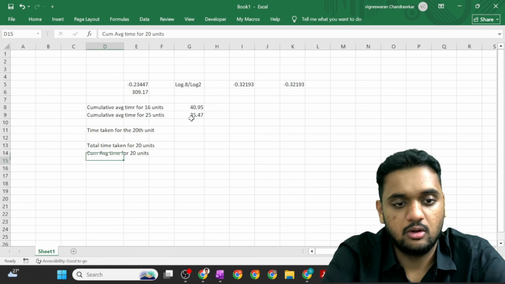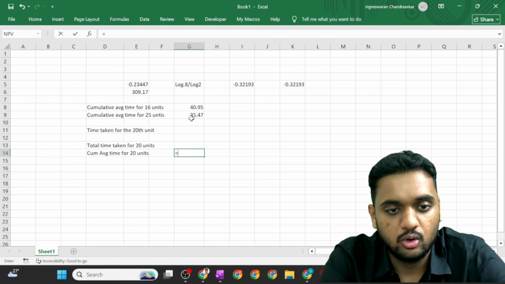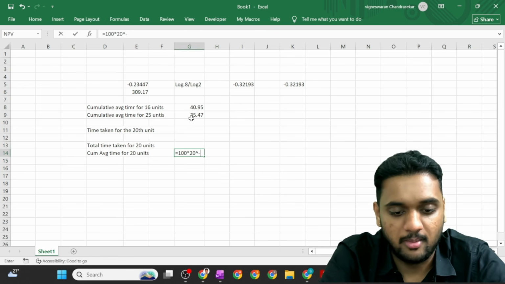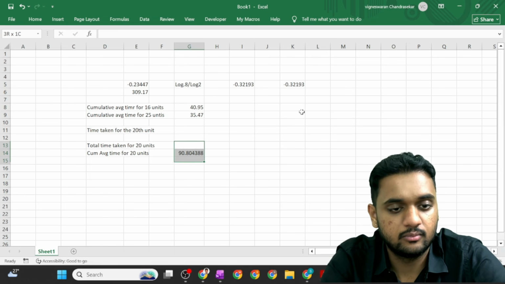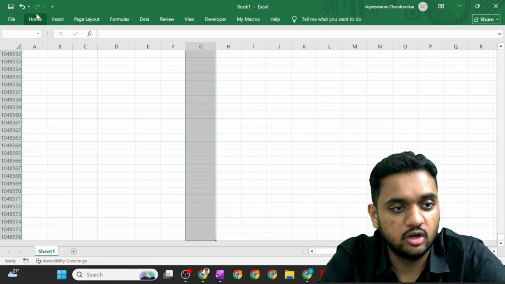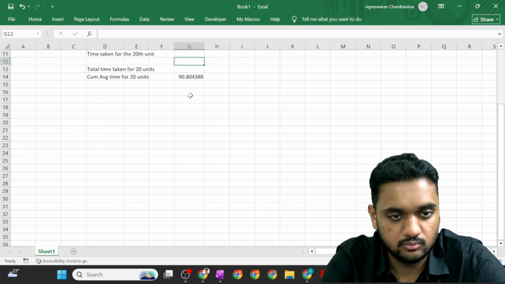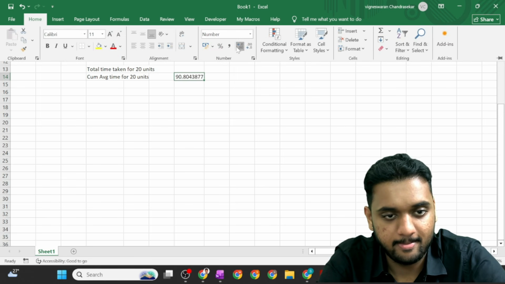Using the formula only we can. Always use the formula: Y is equal to 100 into 20 to the power minus 0.322. What are you getting? 38.12.